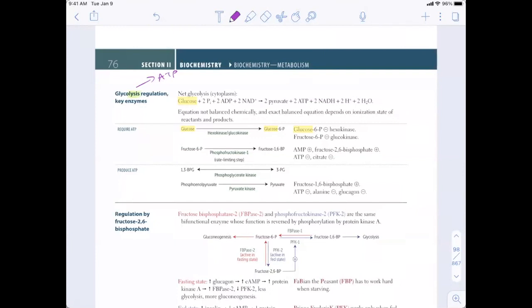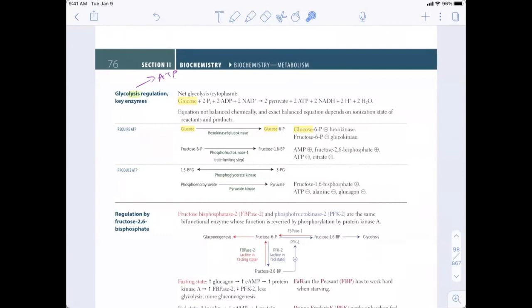What you need to know is that glycolysis is going to yield ATP at the end, but there has to be an investment that goes into it. You have to invest some ATP to get some ATP out of it. You need to know the steps where you make this investment and the steps where you get the results.